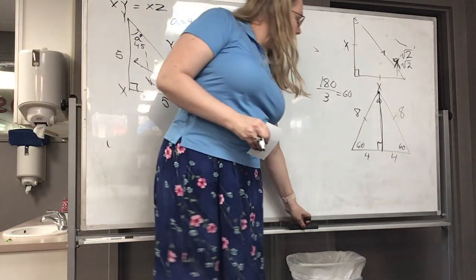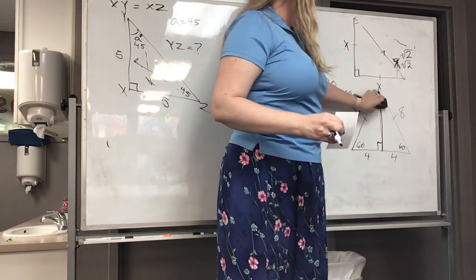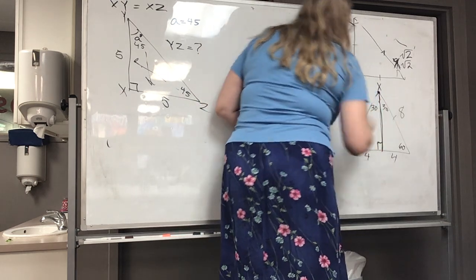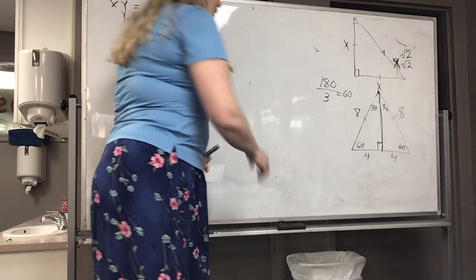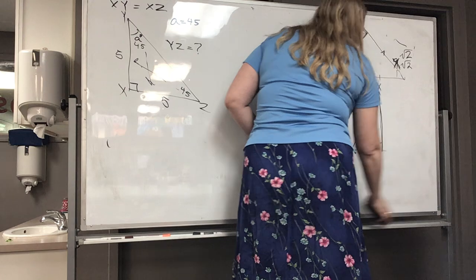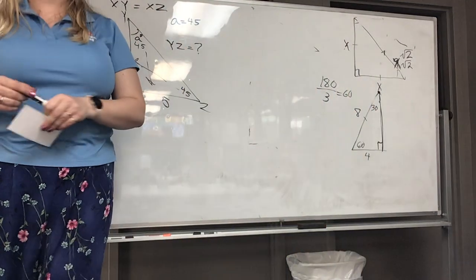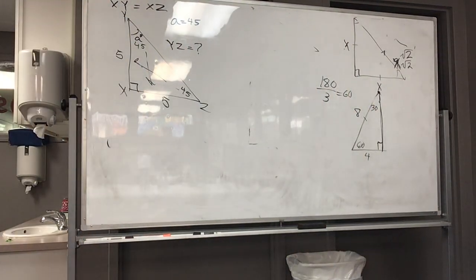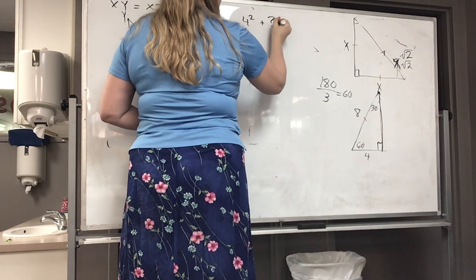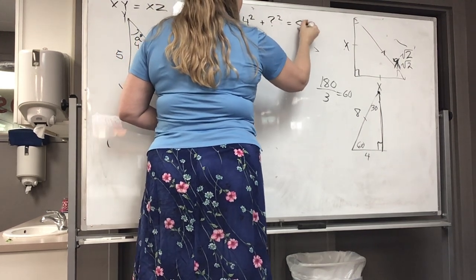And it chops this upper angle in half into 30 and 30. And again, we're specifically interested in just half of it because we're looking at that missing side called the altitude or the height. So, is our hypotenuse the one that's missing? No. And so again, we're going to be setting up that 4 squared plus we don't know squared equals 8 squared.